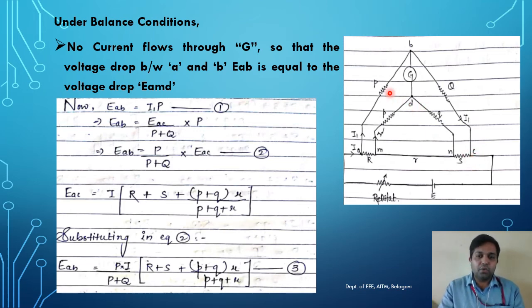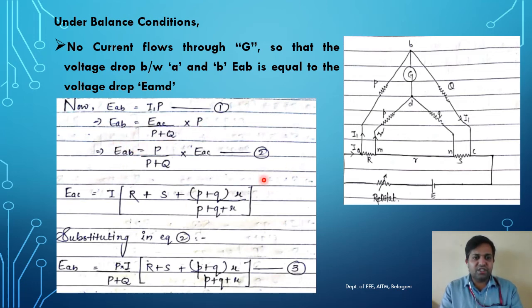There are two resistors connected between these two points, P and Q. In what fashion are they connected? Obviously in series fashion. So P plus Q will be the total resistance between point A and C through the path of the current I1. Okay, so according to that, the equation will become equal to EAC, that is the voltage between the point A and C, divided by the resistance P plus Q, into P.